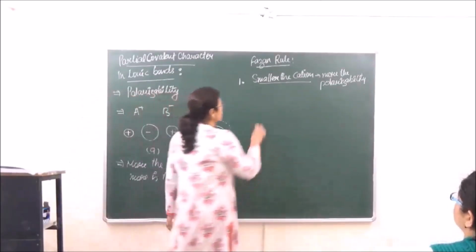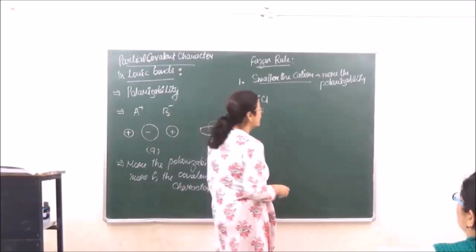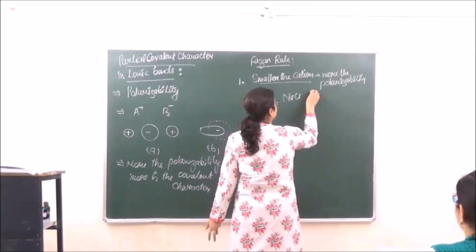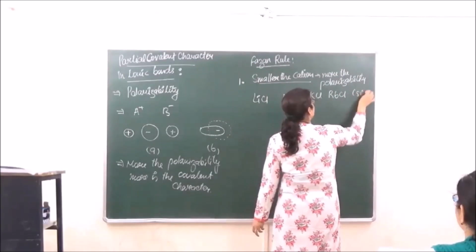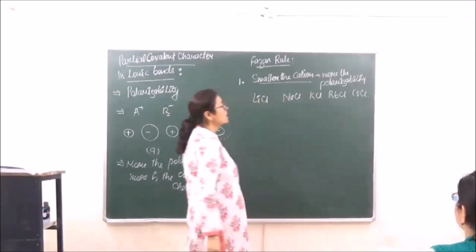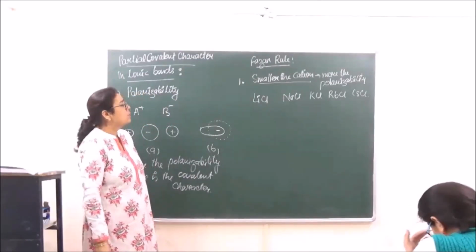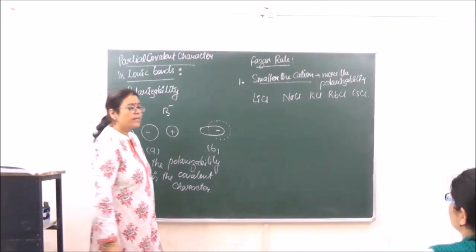So if we are taking the salts of alkali metals, lithium chloride, sodium chloride, then potassium chloride, rubidium chloride, and cesium chloride, and you get a question on which is going to be the most ionic or the most covalent, smaller the size, more the polarizability, more is the covalent character.